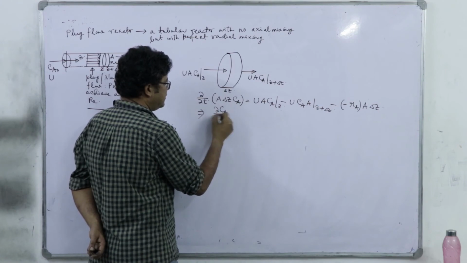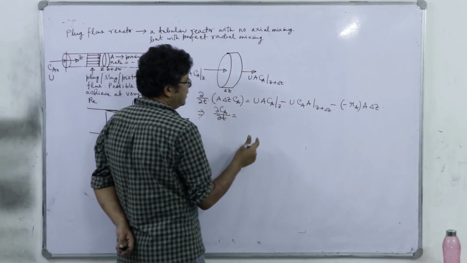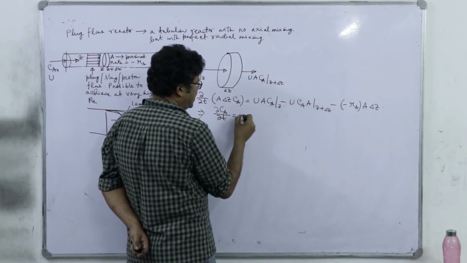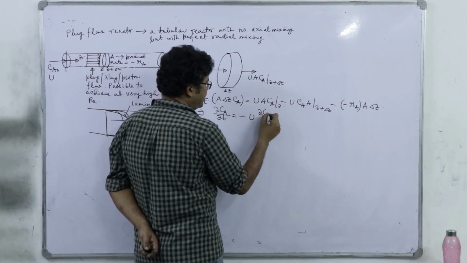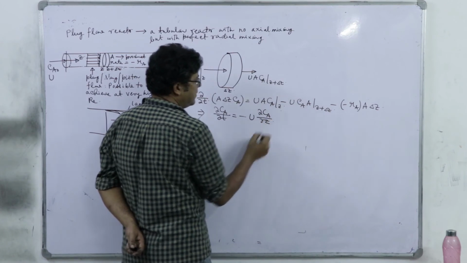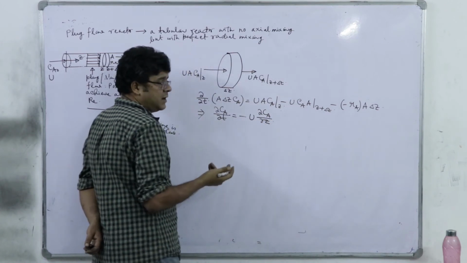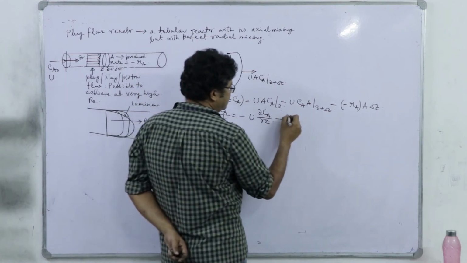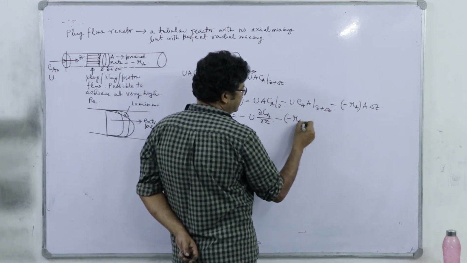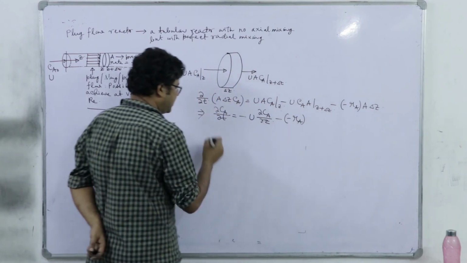So this is del Ca del t equals minus U into del Ca del Z, with the limiting condition of delta Z tending to 0, then minus of minus Ra. A delta Z will cancel out.